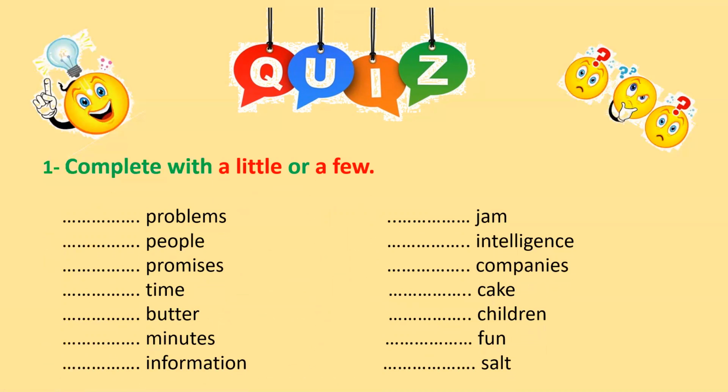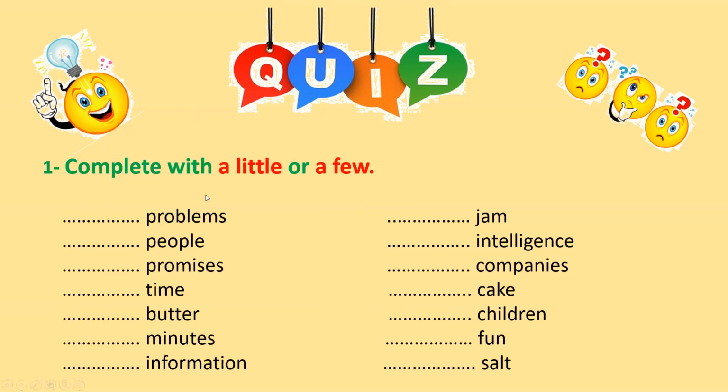Problems, people, promises, time, butter, minutes, information, jam, intelligence, companies, cake, children, fun, salt. So you know that we put a little before uncountable nouns and a few before plural countable nouns.